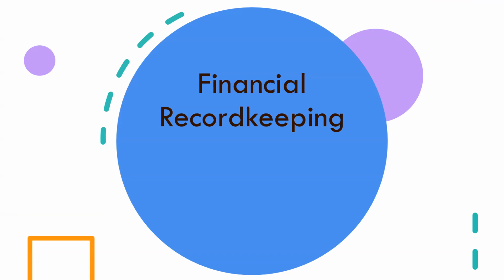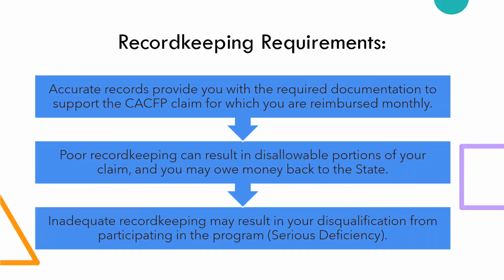So I hope I'm not going too fast, but next we're going to go into financial record keeping. Here, what you want to include in your record keeping are accurate practices that are critical to your program, as the records maintained will provide you with backup documentation to support monthly CACFP claims for reimbursement.